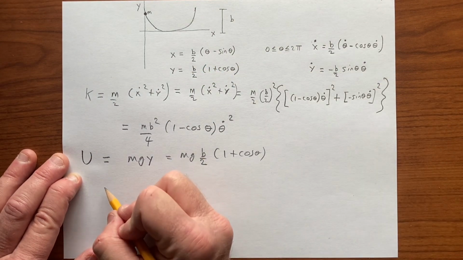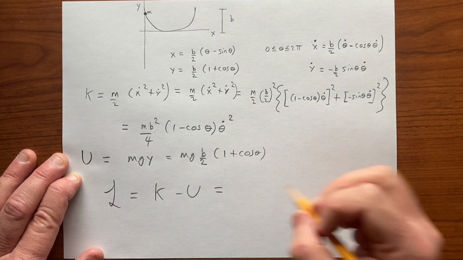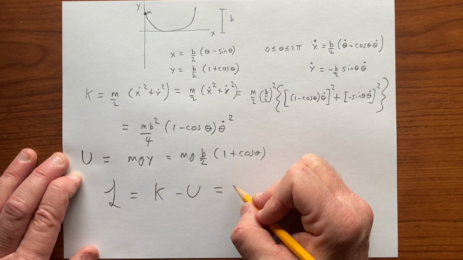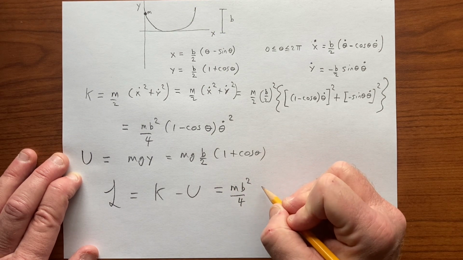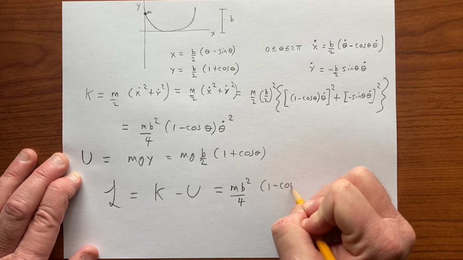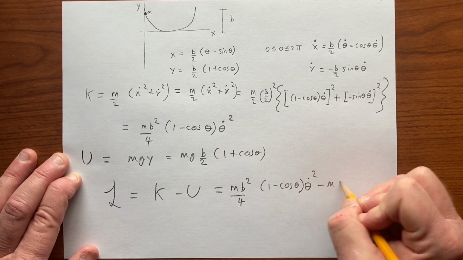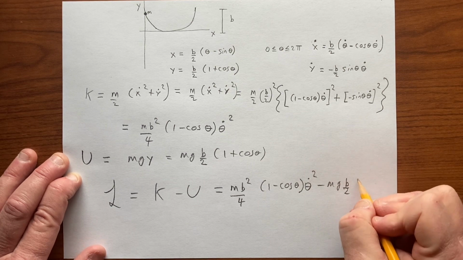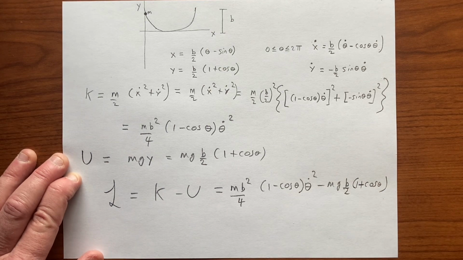Now we write the Lagrangian, which is K minus U, which is mb squared over 4 times 1 minus cosine theta, theta dot squared, minus mgb over 2 times 1 plus cosine theta.